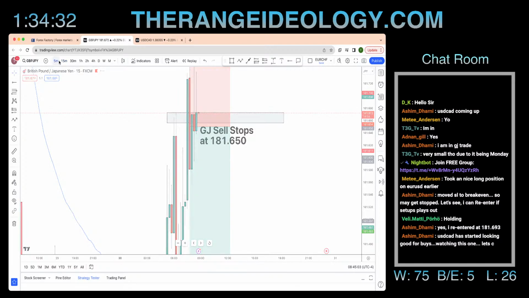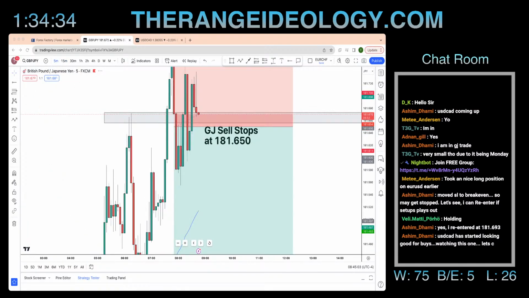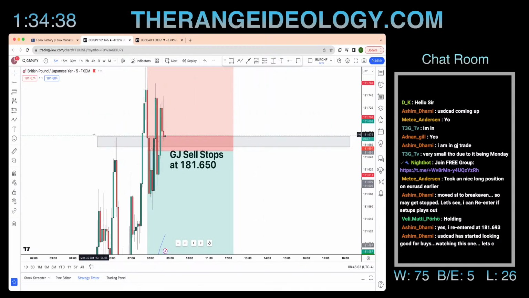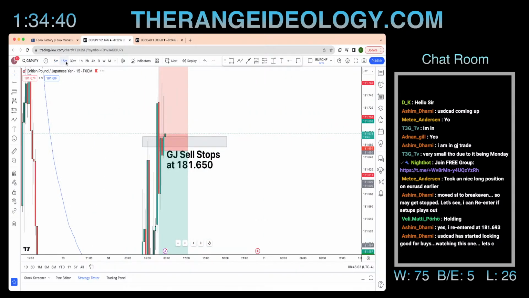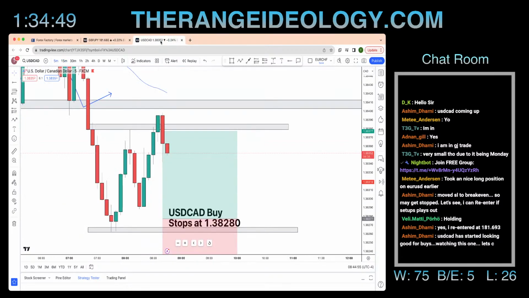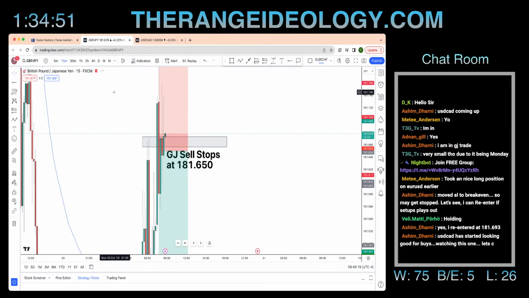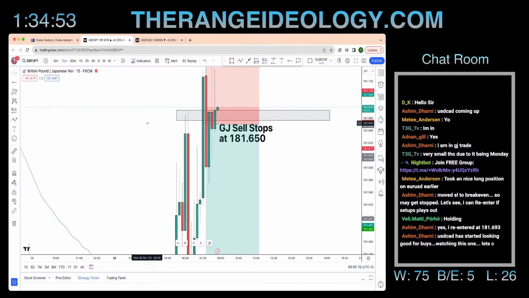Okay, new 15-minute candle. Let's see. Does GJ make its way down again? Again, this is the last 15 minutes before the hour closes as well. So let's see.